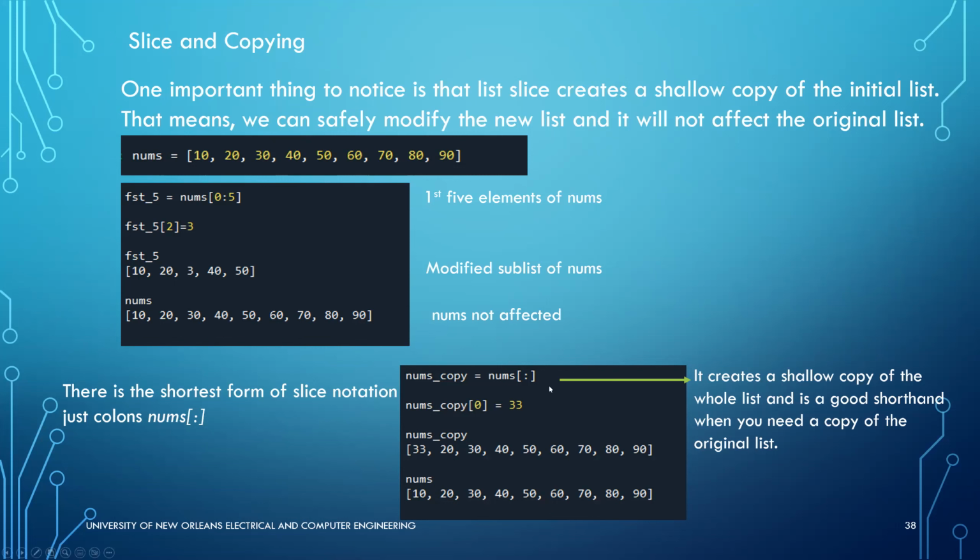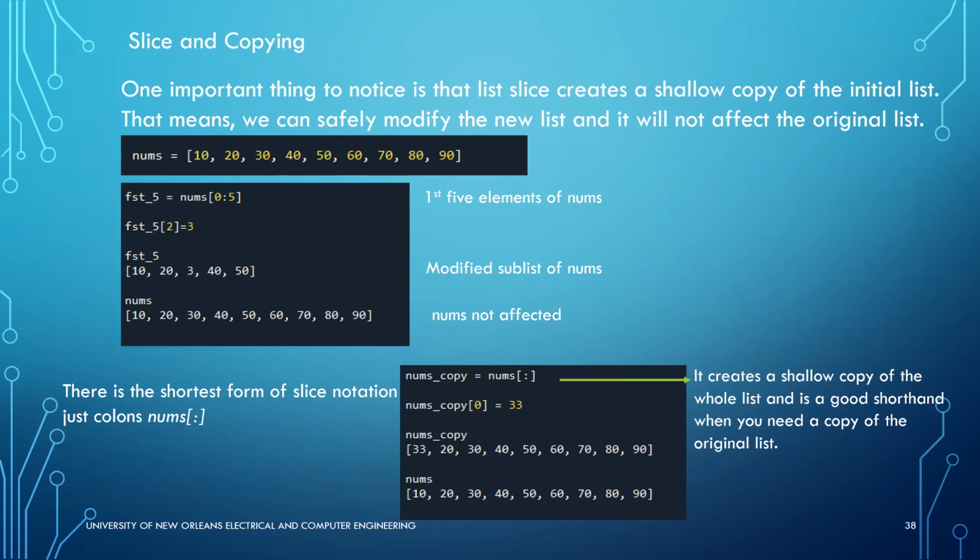So at the end of this statement, nums has this information, and nums_copy has an exact copy of the original list. So the original list nums is not going to be affected. I'm just putting the contents into nums_copy.